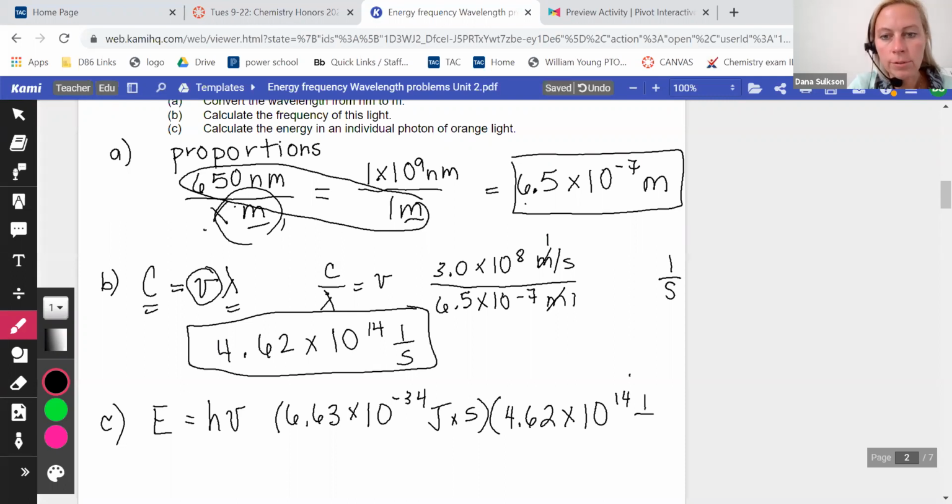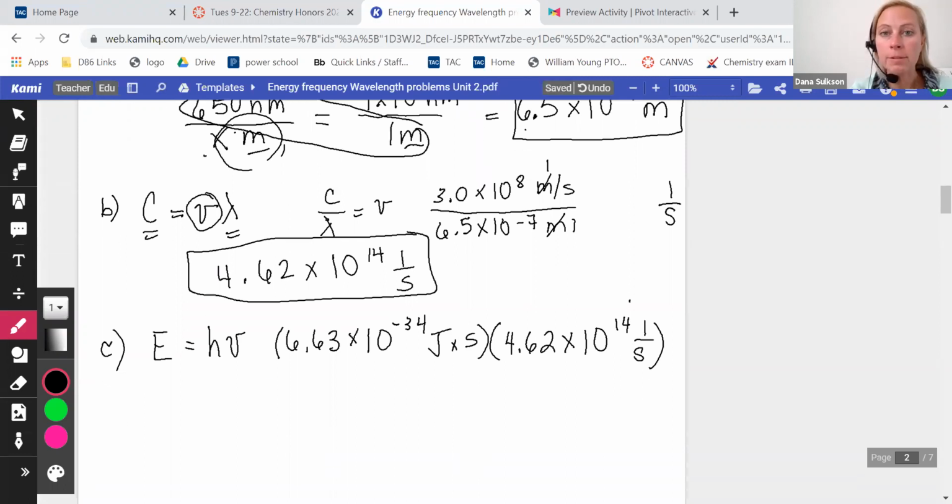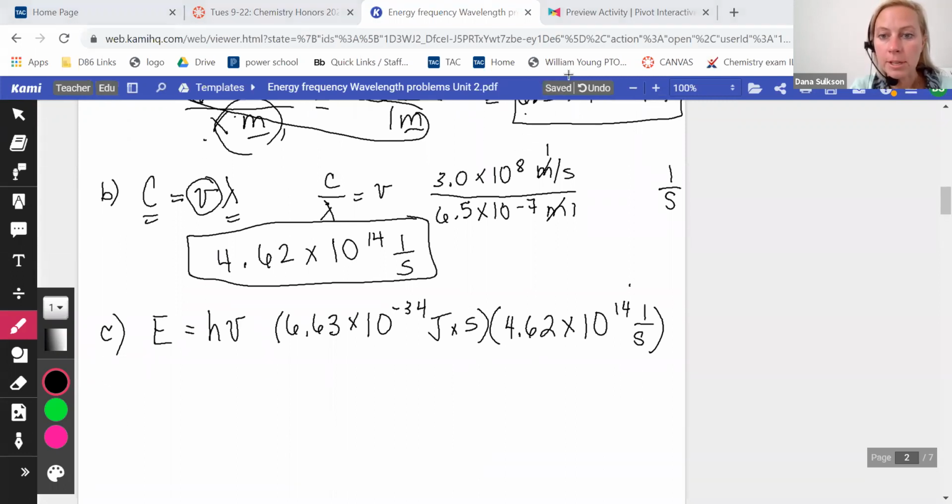So it should look like this. Let me figure out what my unit's going to be first. The seconds cancel. If I cancel seconds on both sides, I'm left with joule. Joule is the unit of measurement for energy. One of many that we have.